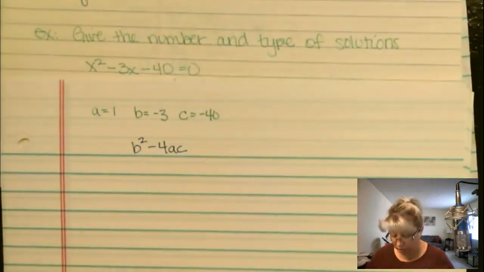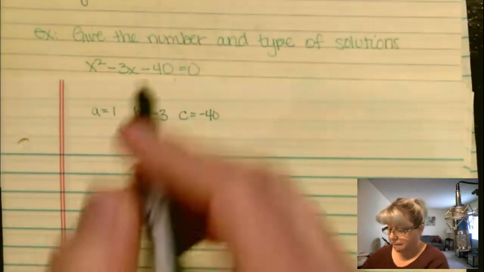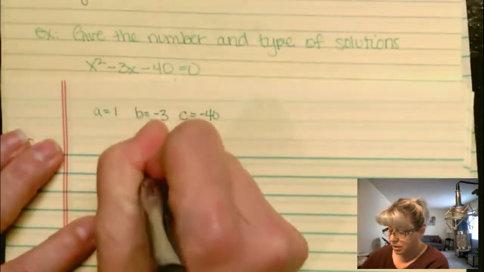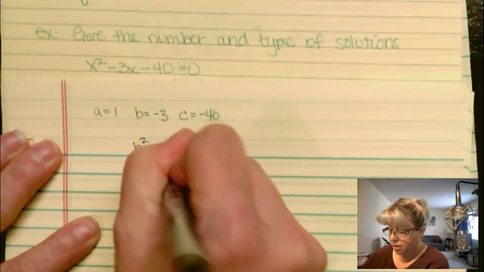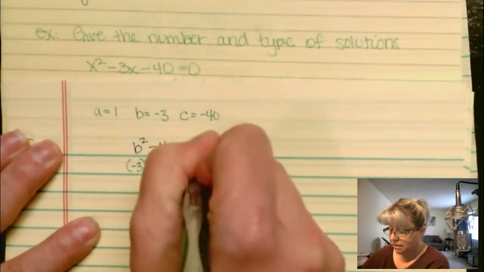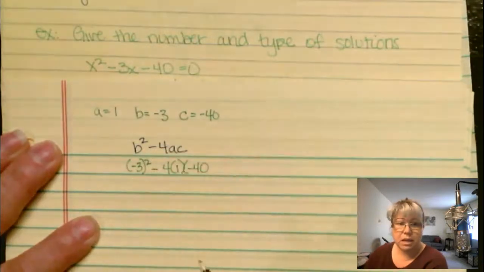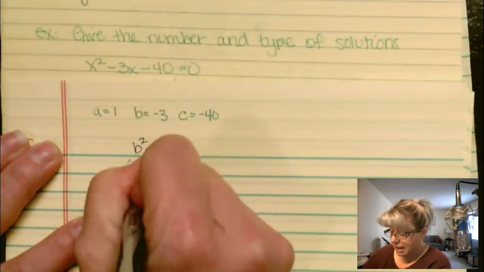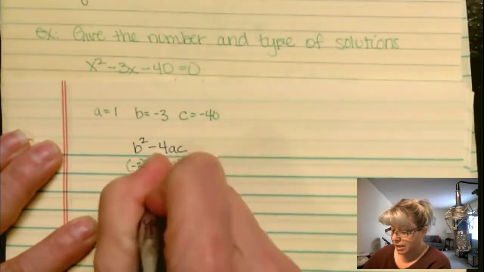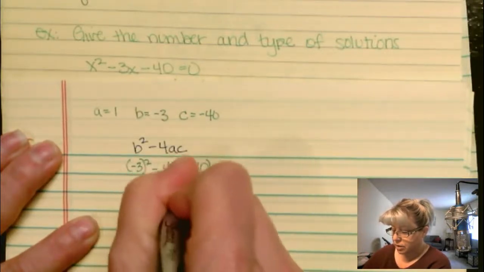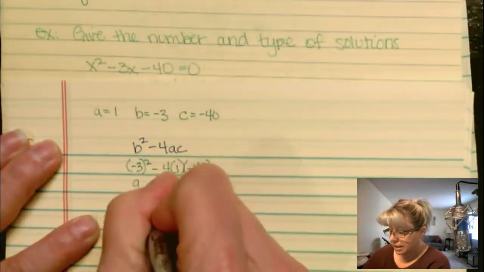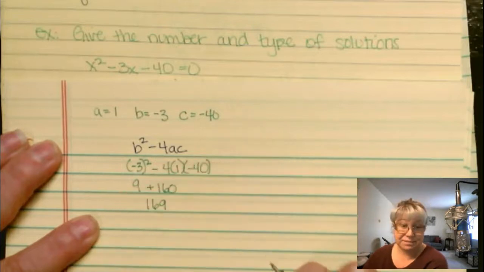That's the only thing I want to look at here. b squared will be negative 3 squared minus 4 times a, which is 1, times c, which is negative 40. Negative 3 squared is 9. Negative 4 times 1 times negative 40 is a positive 160. And 9 plus 160 is 169.